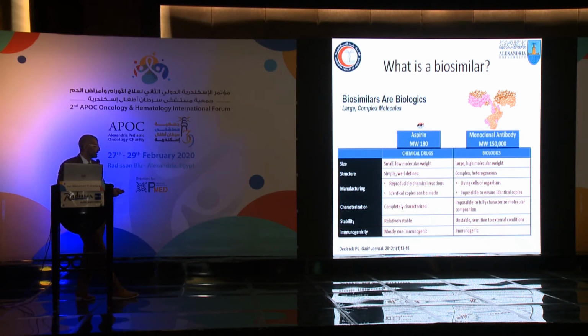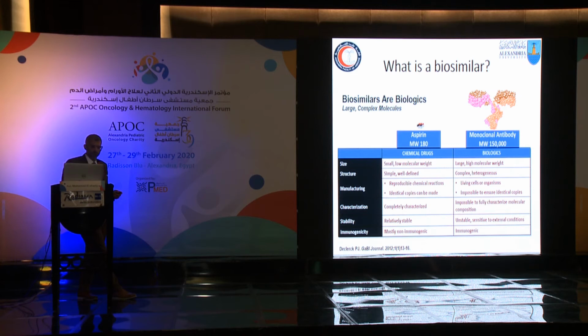And there are a lot of differences. The chemical compounds are small, have low molecular weight, and are simple and well-defined. On the contrary, monoclonal antibodies are large, complex, and heterogeneous. The manufacturing process for chemical compounds is usually done by chemical reactions. On the contrary, the biologic agent or the biosimilar is made in living cells or organisms.